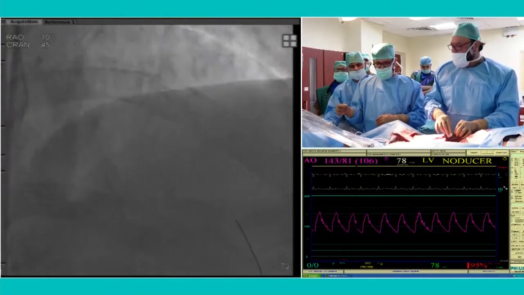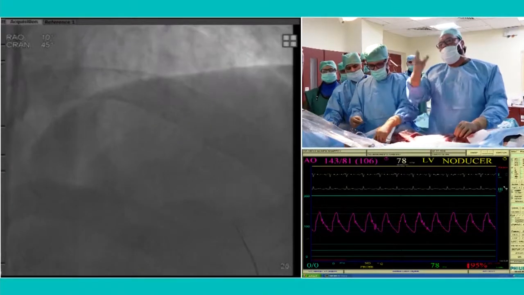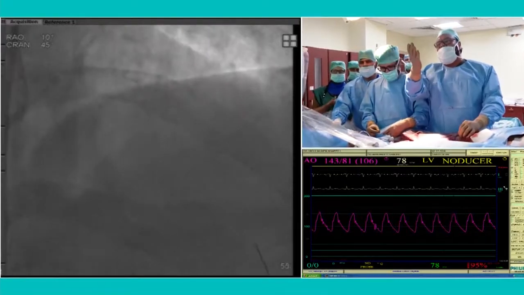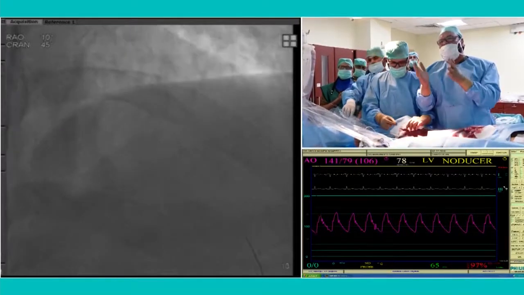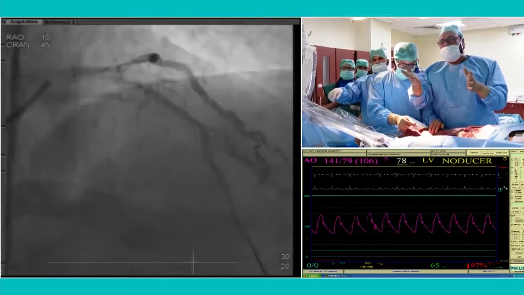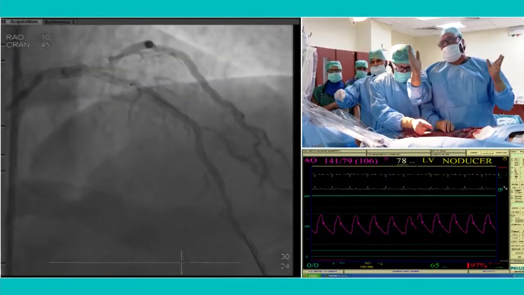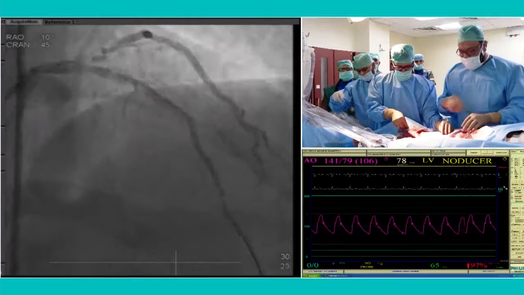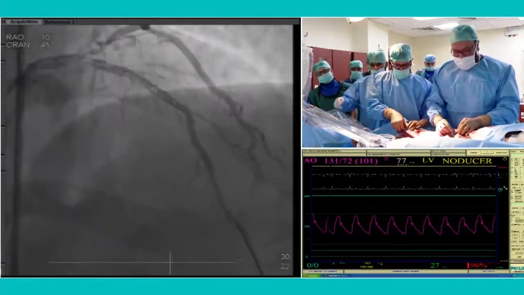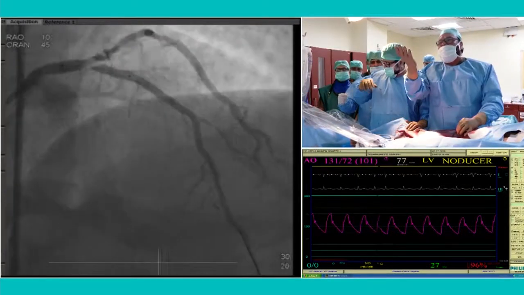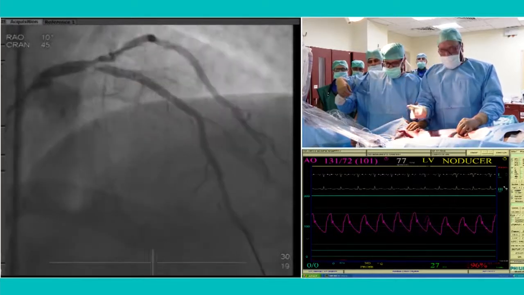Our previous stent has reached almost the ostium of the LAD, and we need another 8 to 10 millimeters in the left main to do the POT. So I think I need another 4-5 millimeters into the LAD. So we are taking a 4 by 18 millimeter stent.